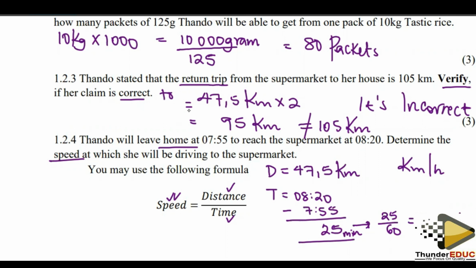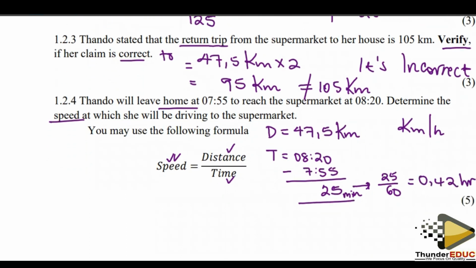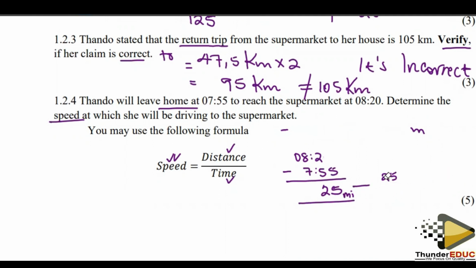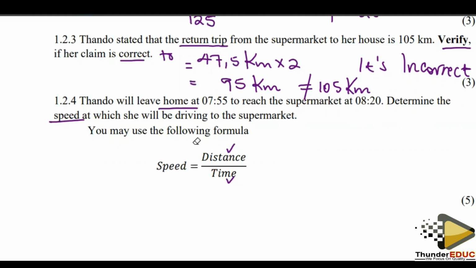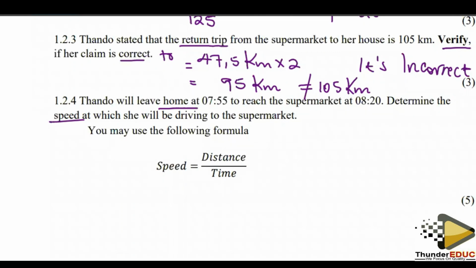So now our speed will be distance over time taken. We said distance, 47.5 kilometers.